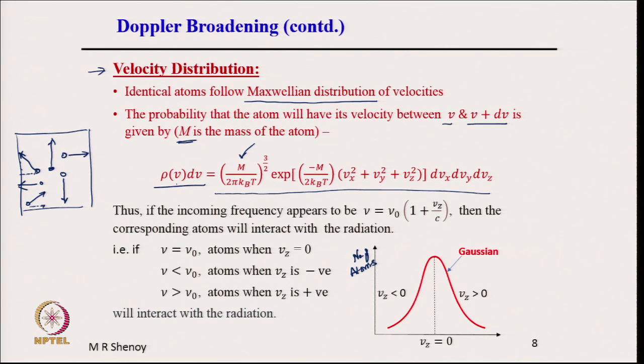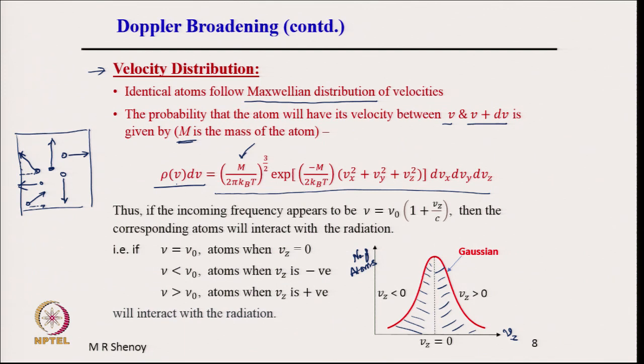So, the distribution about Vz equal to 0 is shown here. About 0 we have all the atoms. This distribution tells us the number of atoms which have velocity component Vz less than 0, and similarly, on the other half, it shows atoms which have velocity component Vz greater than 0.